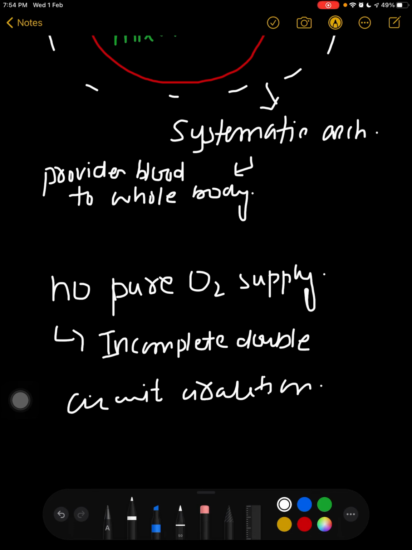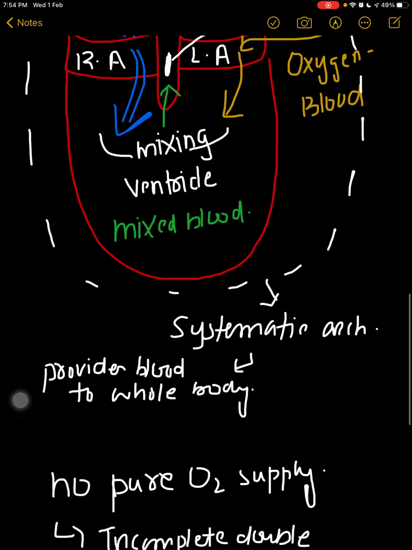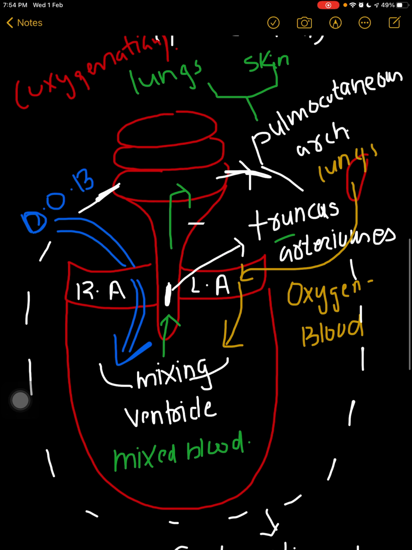And one more thing to remember, that if the amphibian is in water, the blood supply from this pulmocutaneous arc will go to the skin, not to the lungs, because the frog will do respiration through its skin, as it is quite common, right?